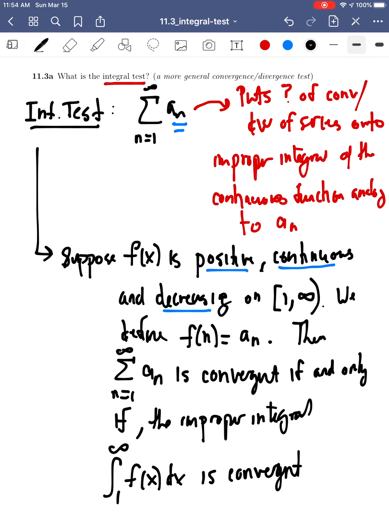And again, it's starting from 1 to infinity because that's exactly where our series is starting from, n equals 1 to infinity, the index of our series.